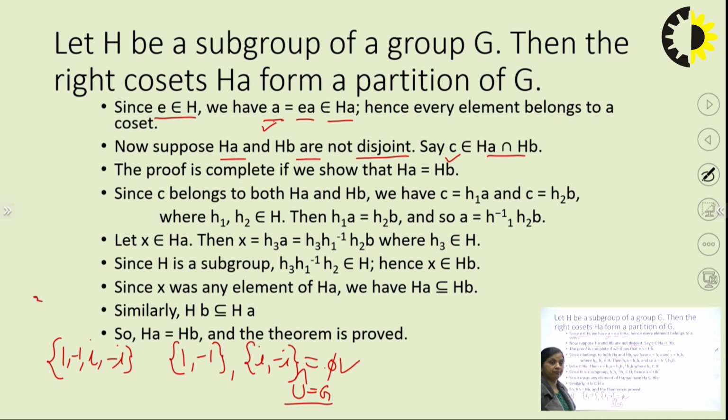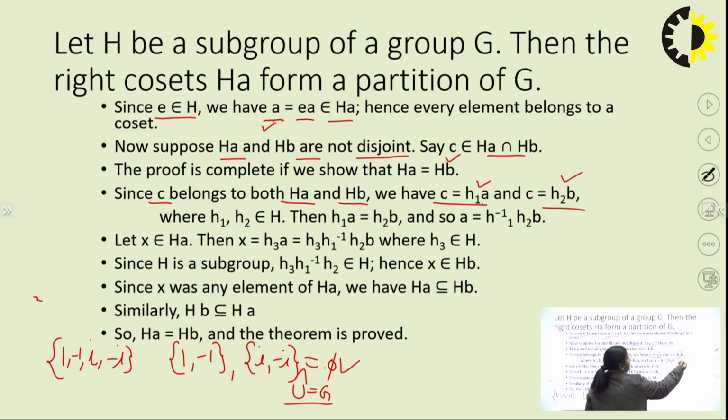So the intersection is not phi, there is one element, I am calling that element C. Now because C is present in both HA as well as HB, C is equal to H1A for some element of the first coset HA, and C is equal to H2B for some element of coset HB. So we have taken H1 and H2 for which we get this particular element.